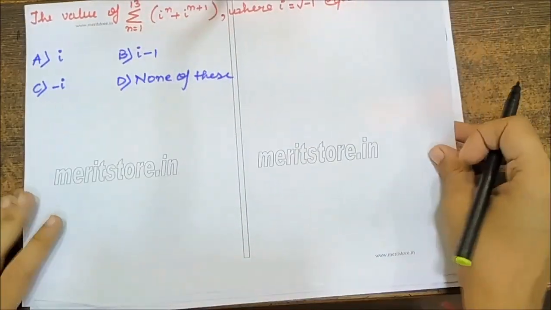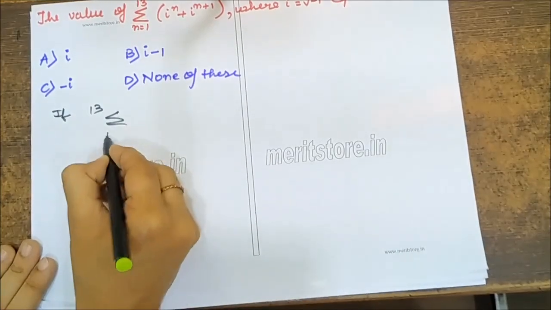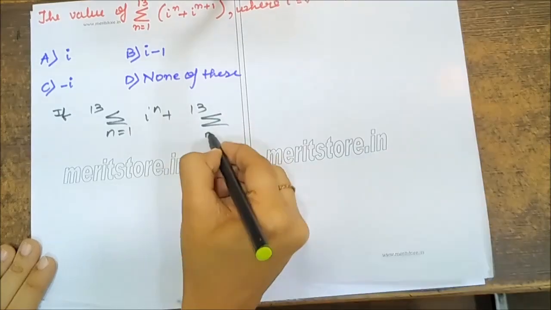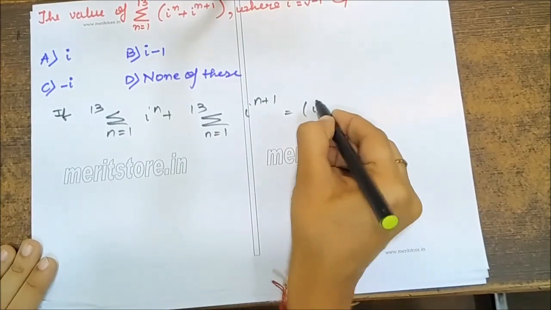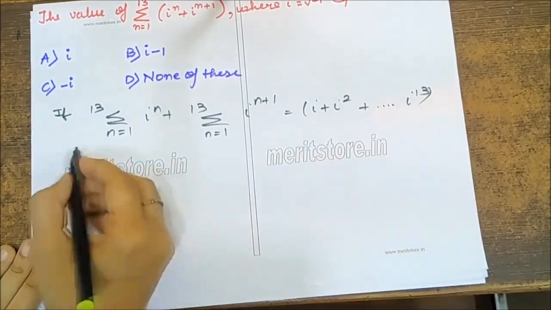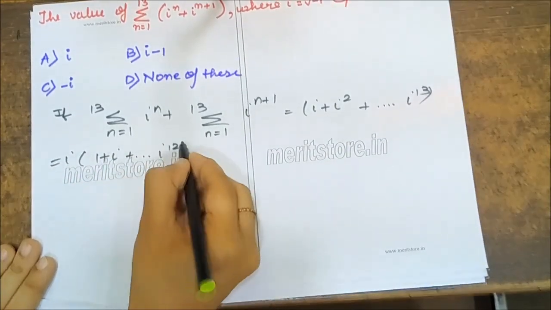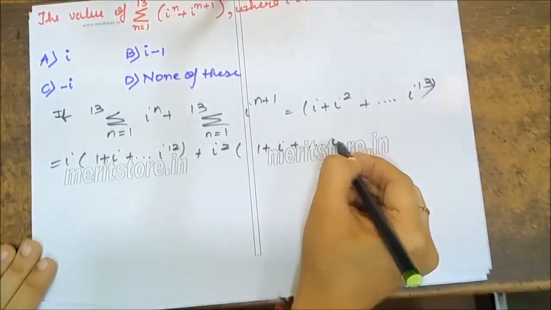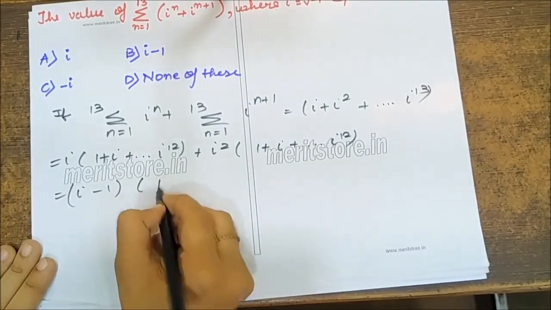Again, if the sum from n equal to 1 to 13 of i^n plus i^(n+1) is equal to x plus iy, then the sum of i^n to 13 terms gives i times (1 plus i^12 ...) over 1 minus i.